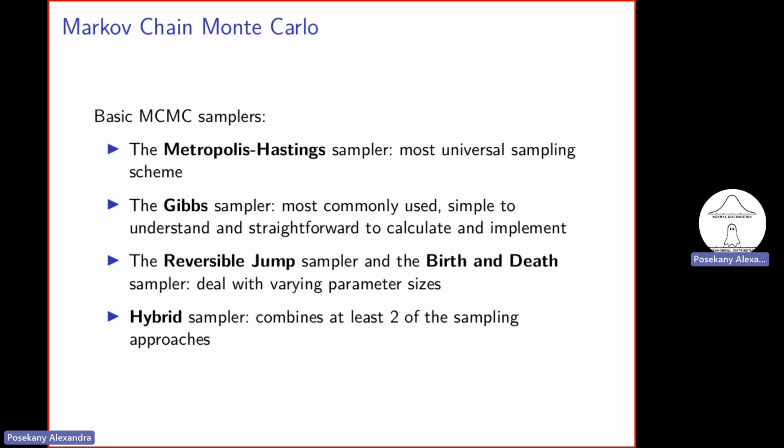Or if we see that we have too many components, and two of them actually fall together, we want one of them to die, and the rest of the samples to fall into the one that remains, because then it becomes identifiable again.